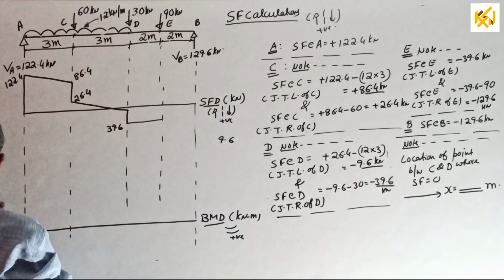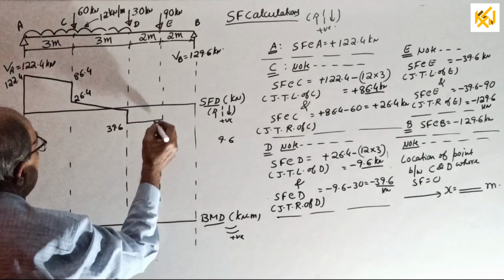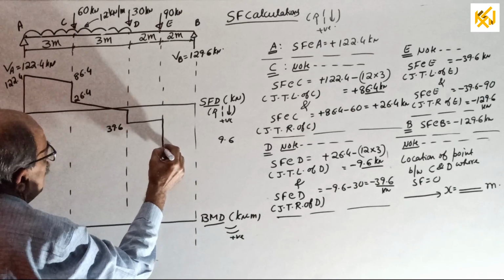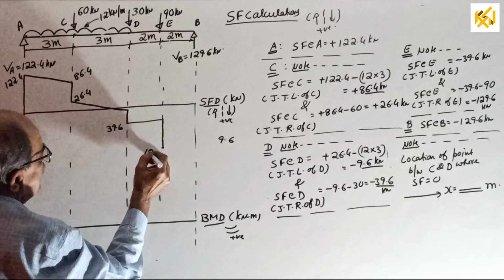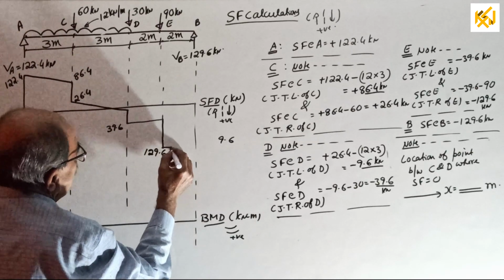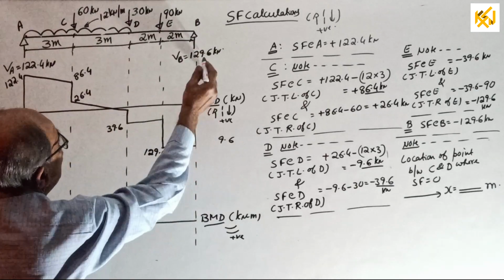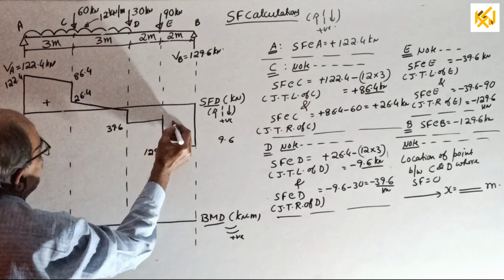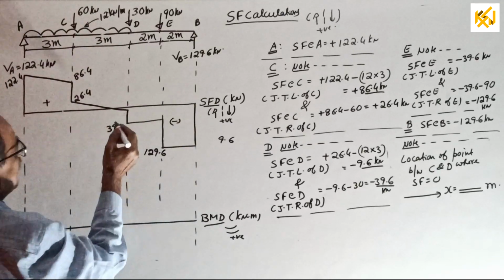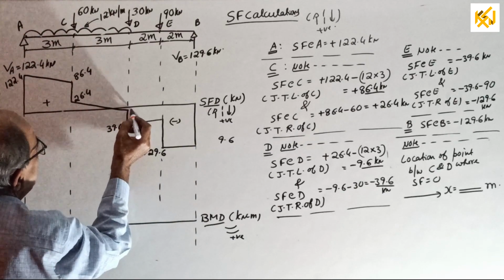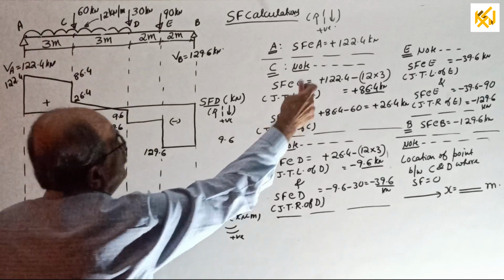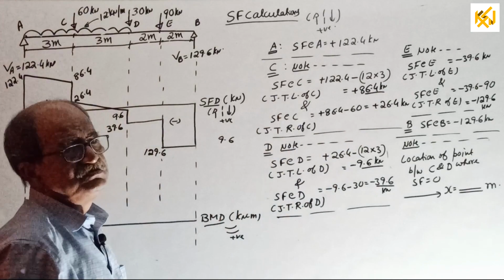Down by 90, minus 129.6. This is 122.4, 129.6. No load up to here, go back by 129.6, over. Plus, minus, okay. In the shear force diagram, that value is 9.6. I will write here now, it is 9.6. Okay. Now you can do one thing, check all the values.